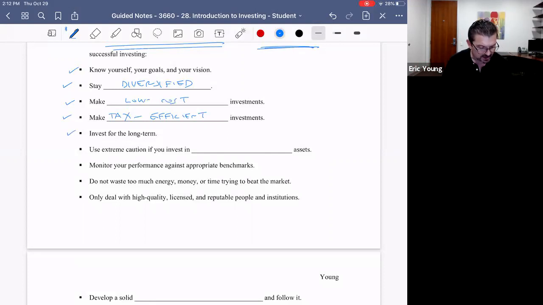Next, always invest for the long term. Don't be caught up in the sexiness and the energy and the chaos of the short-term investing cycle. Those people, they get on the news and they become popular in media, but the true winners always think long-term, okay? Time is your friend, use it.